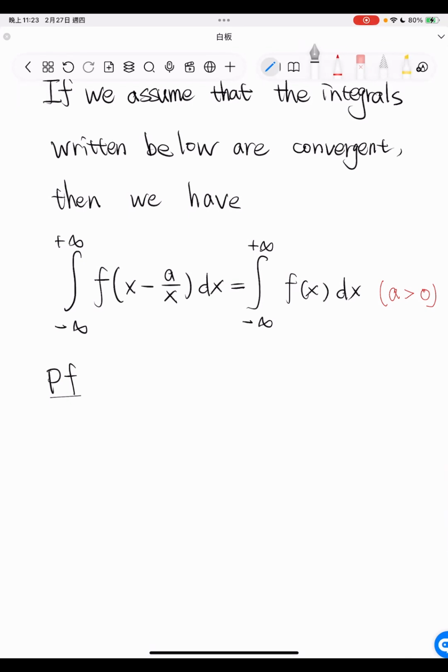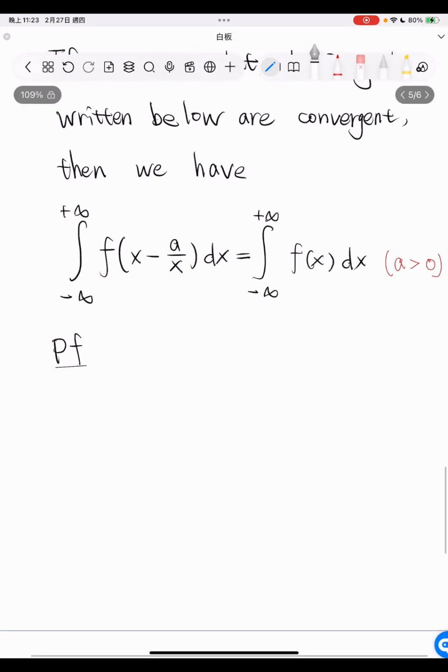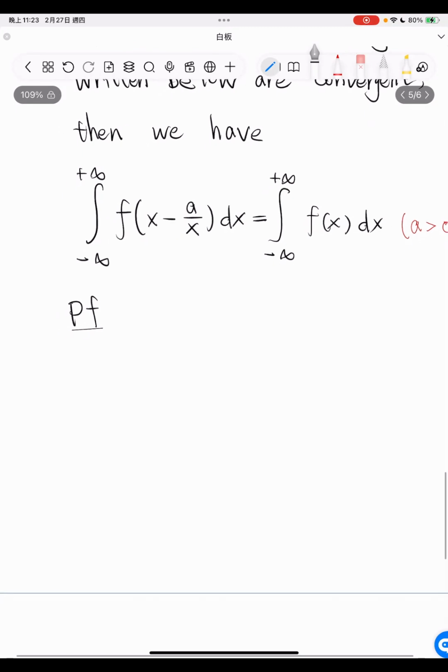So now we prove it. The method I will use is integration by substitution. Let's consider u is equal to x minus a over x.